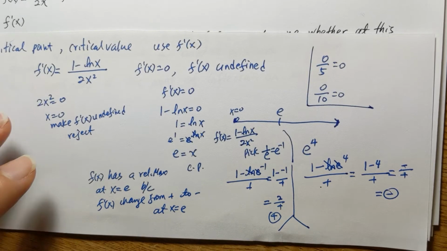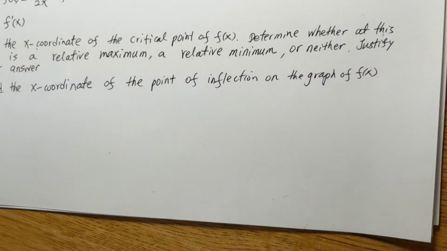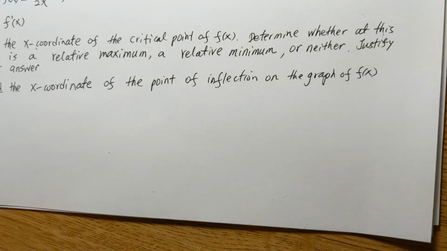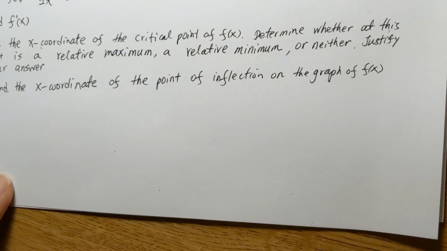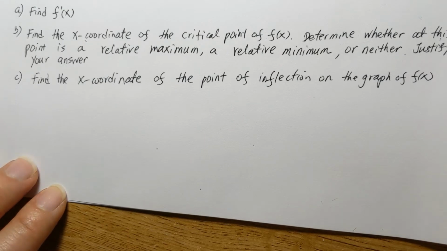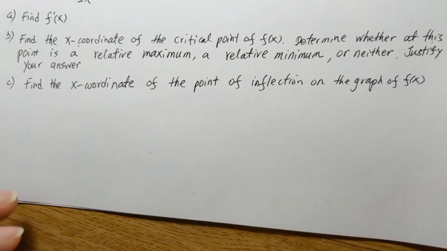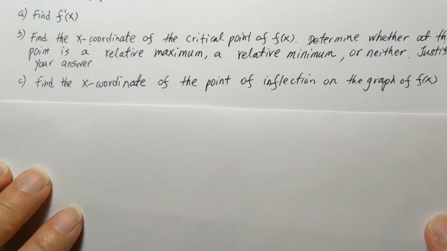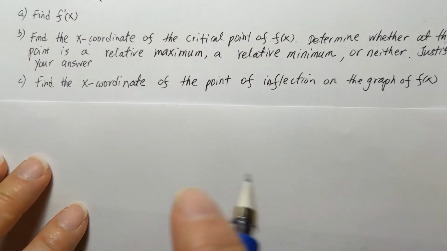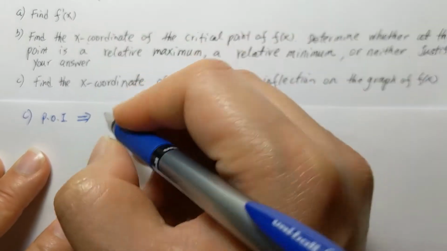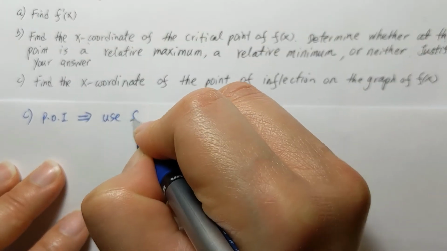Now let's take a look at 4c. Find the x coordinate of the point of inflection on the graph of f of x. Find the point of inflection. The keyword point of inflection tells us to use the second derivative.